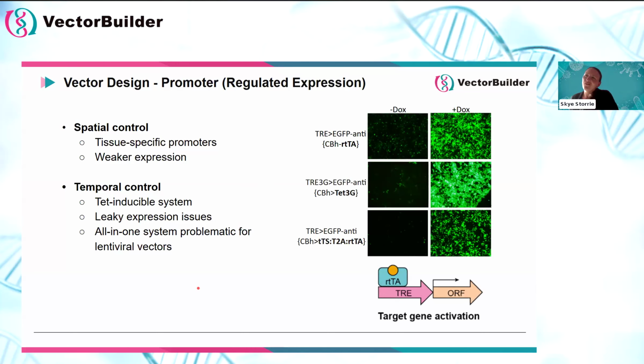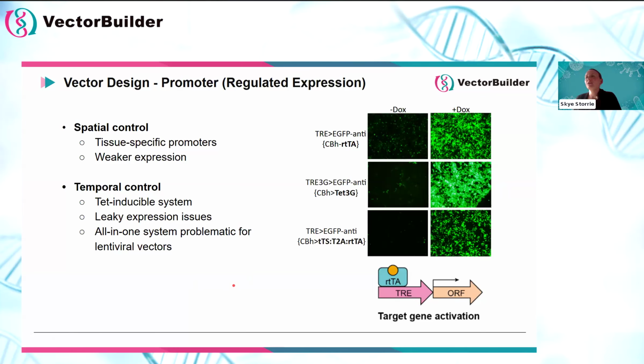Another important thing for lentiviral systems to consider is that we found that all-in-one systems, where you express both your TET regulatory proteins and your ORF under a TRE promoter from one vector, actually don't work particularly well. So we do not recommend this.